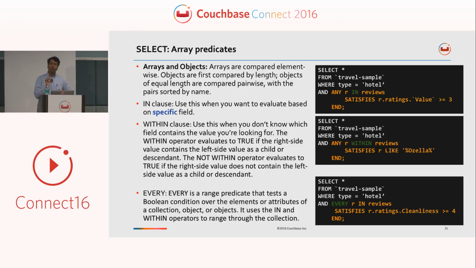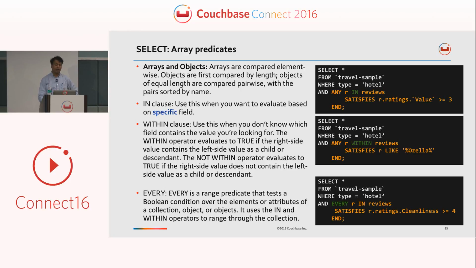That means R will be every attribute within each object of the array. It'll iterate until it no longer finds new keys. So we are just looking for the pattern Ozella within R. So it will do the nested search.